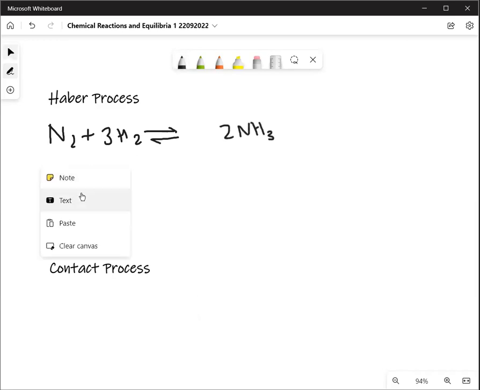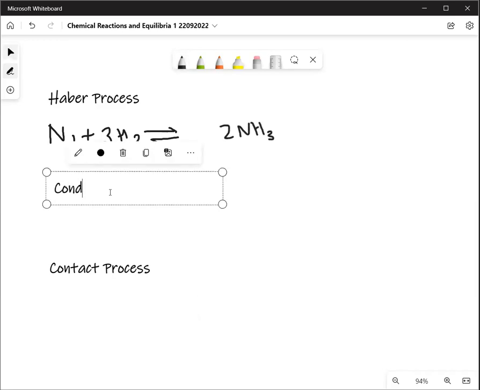Okay, now that's done. Now conditions. The conditions are 450 degrees Celsius and a pressure of 200 atm, and finally a catalyst.